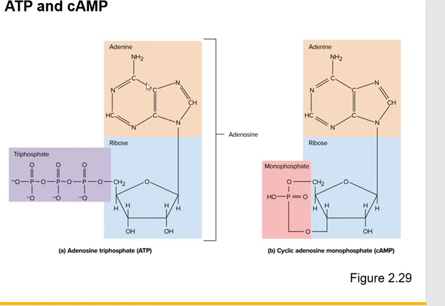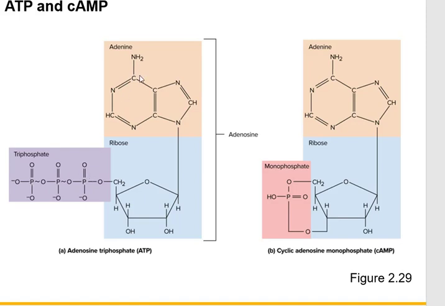It's either ribose or deoxyribose. And it's going to have a nitrogen-containing base. See, there's nitrogen, nitrogen, nitrogen, nitrogen. And it's going to be one of 5 different nitrogen-containing bases: adenine, guanine, cytosine, thymine, and uracil. So when we do the DNA replication chapter, we will talk more about these nitrogen-containing bases. But just for this, know that all the nucleic acids have a sugar, a nitrogen-containing part, and a phosphate part.